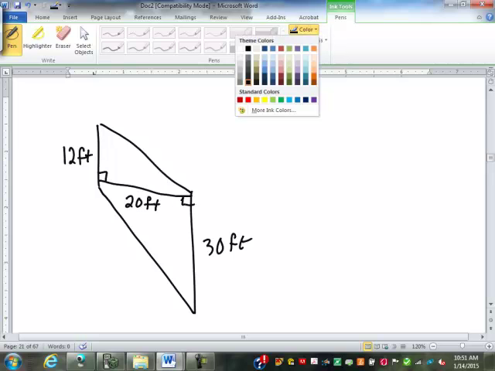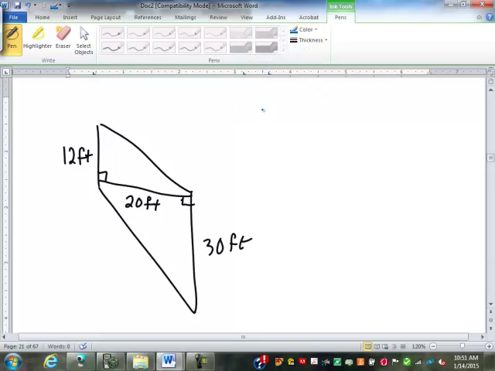So how would I find the area of this? What are my two bases, first of all? 12 and 30. So 12 plus 30 divided by 2, average those together, times 20. So 42 divided by 2 is 21, times 20 is 420.